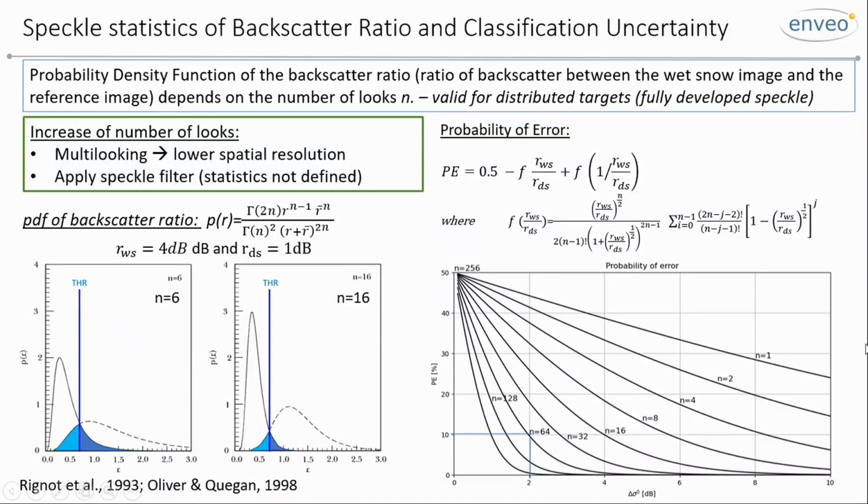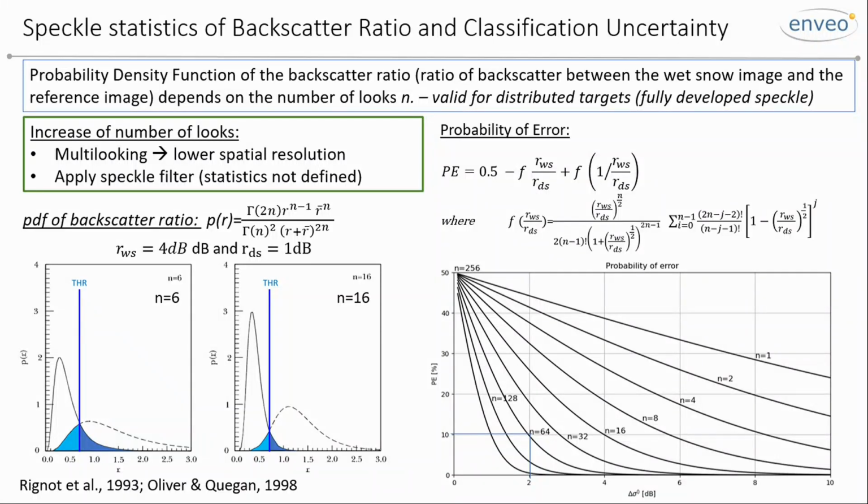And this, for example, shows you when we have a difference of, let's say, 4 dB between two classes, and we have, let's say here, 8 looks. Then, of course, you cannot avoid it with this thresholding technique, a probability of error of 25, or what is it, 15%, I think.